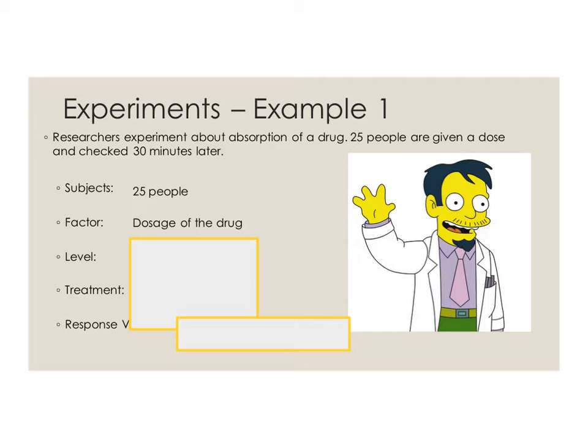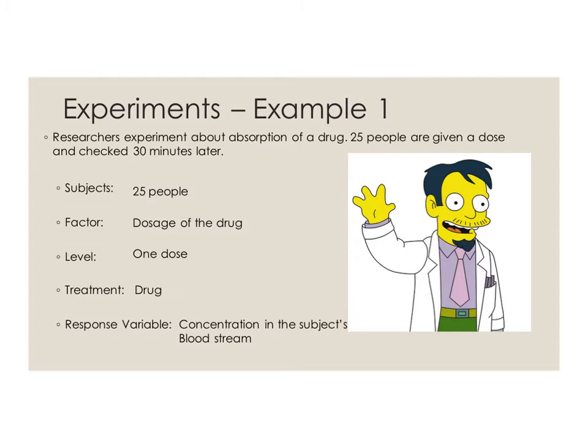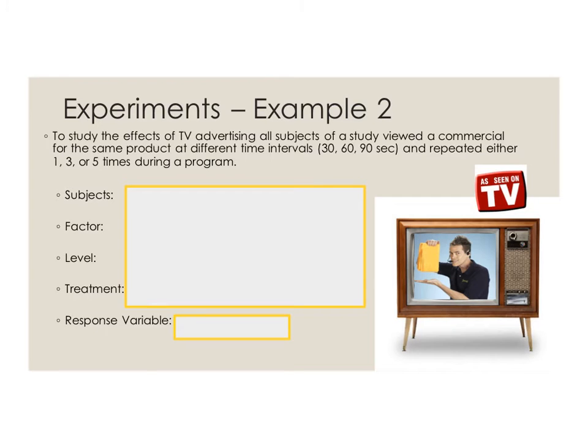That's what we're giving the people. We only have 1 dose that we are aware of this drug, meaning our treatment is the drug. And then our response variable is the concentration in the subject's bloodstream, right? Our overall end result.